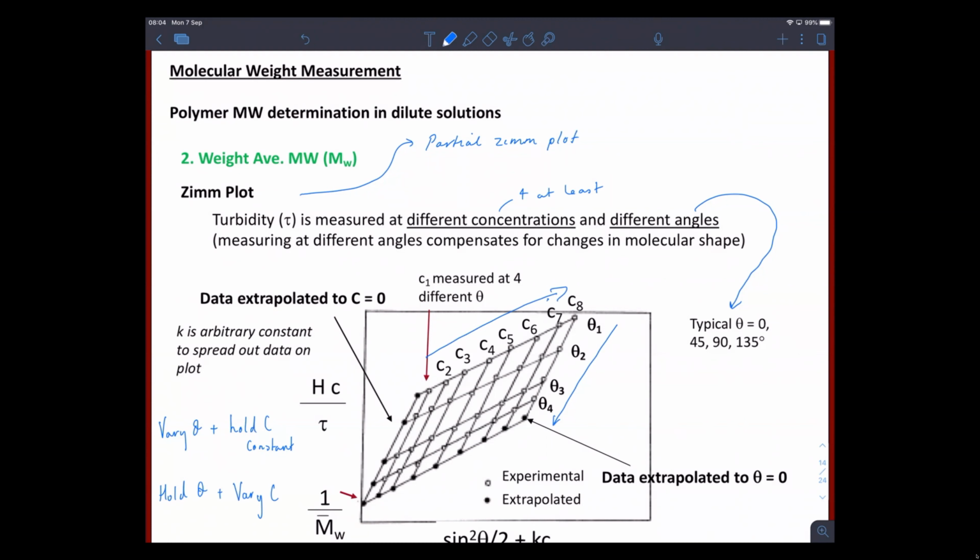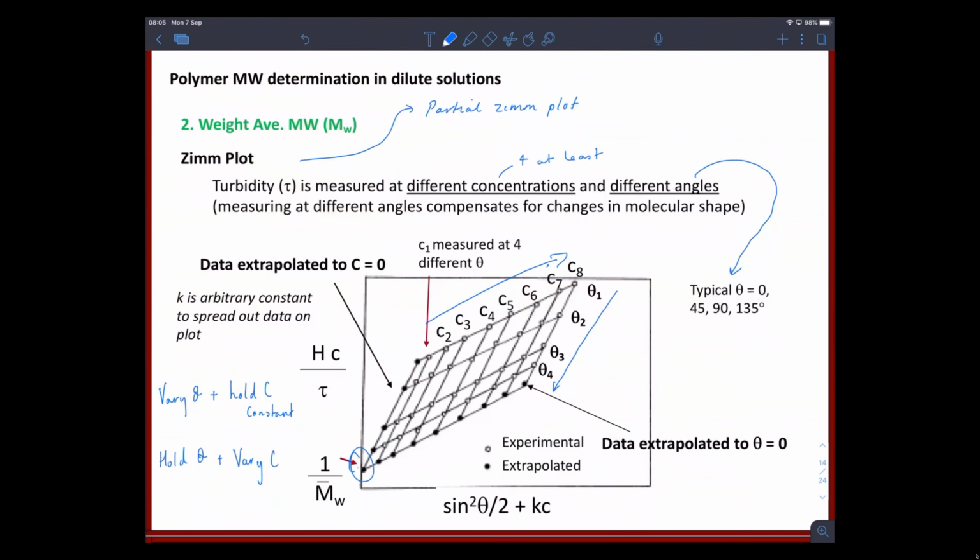So you build up this network, or kind of a validation network, if you like, which we can then extrapolate down to angle equals 0 and C equals 0. We do that because at the intercept, that is where we get 1 over our weight average molecular weight. That's how we're going to calculate it. So it works very similarly to the number average molecular weight.